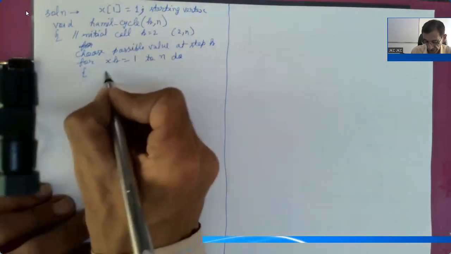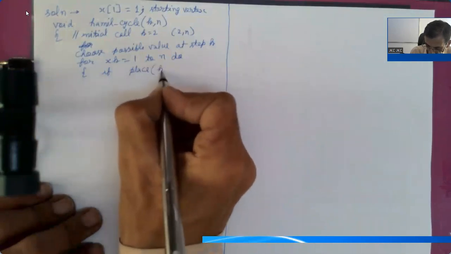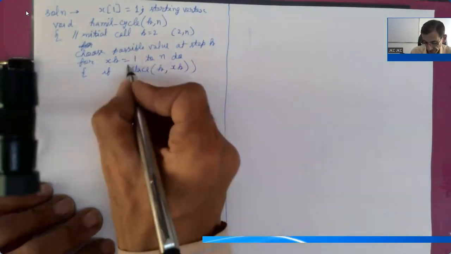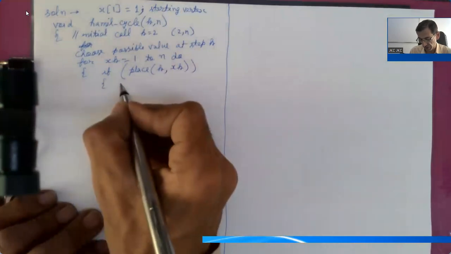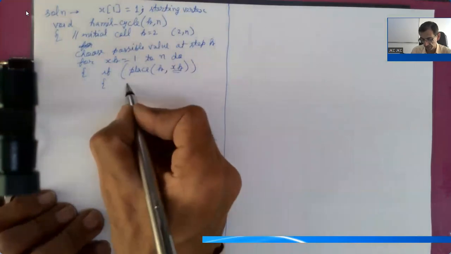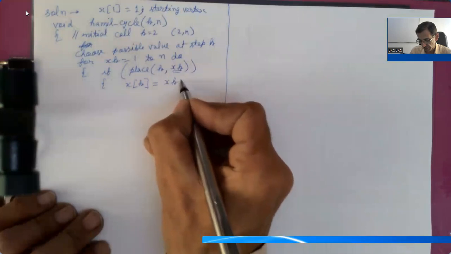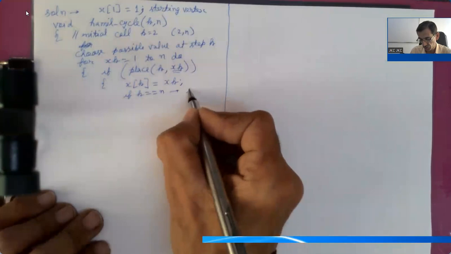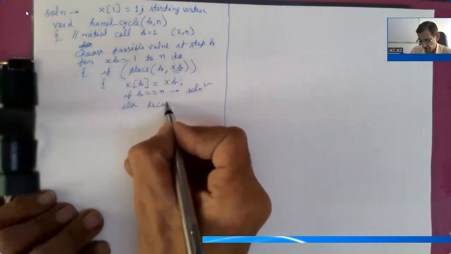So what is presently decided is that I am giving at step k the vertex number xk to be chosen. If it is acceptable, I will say fine, proceed further. Proceed further means currently selected vertex xk is acceptable as the kth vertex. And if acceptable, if k equal to n, I know the solution is ready. Else, recursion is needed.